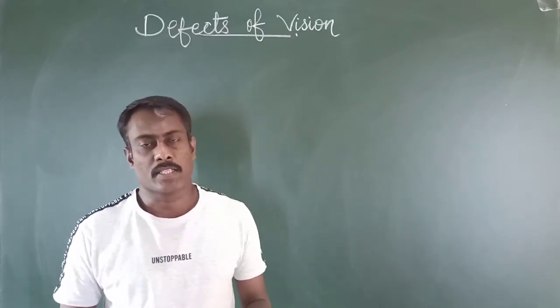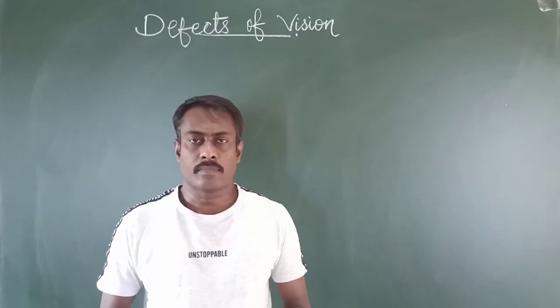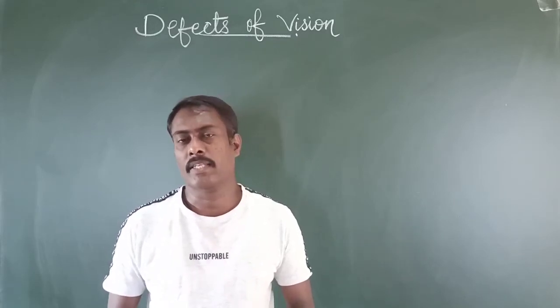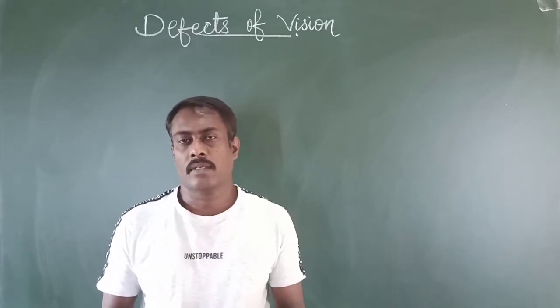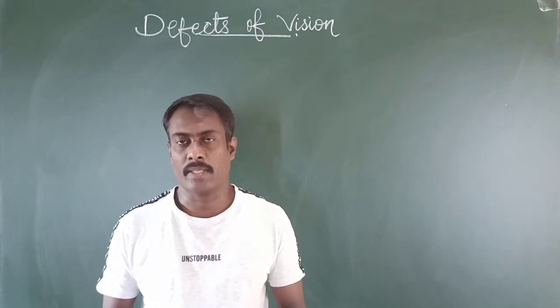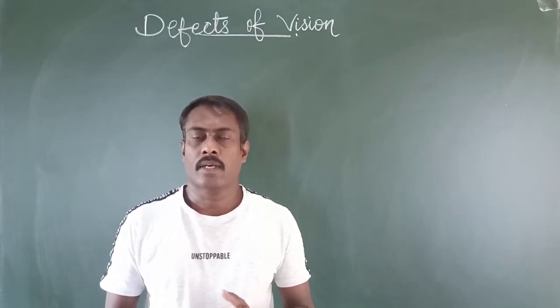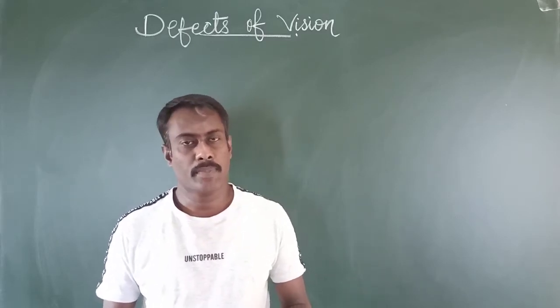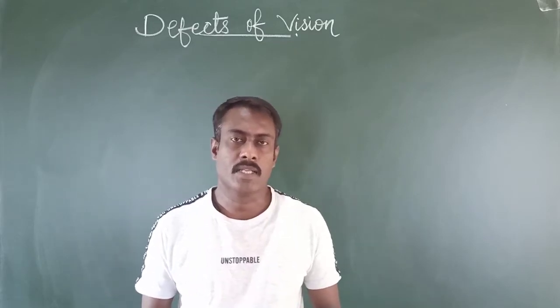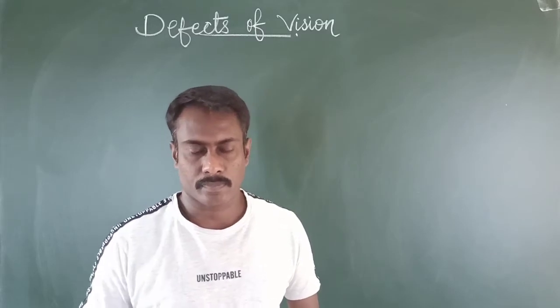In the previous class we learned that the human eye has a lens made of fibrous, jelly-like material. The convex lens of the human eye has a curvature that can be adjusted by muscles called ciliary muscles.